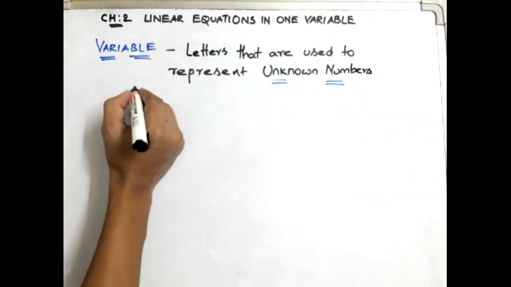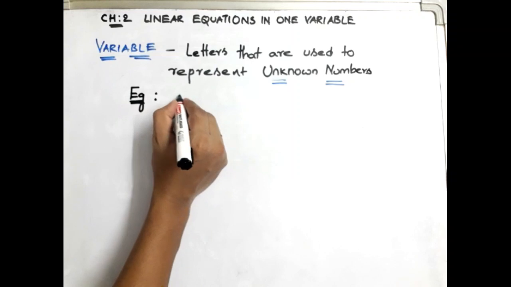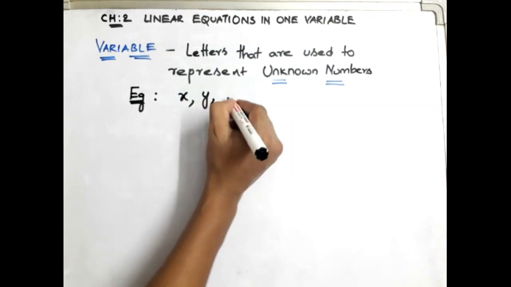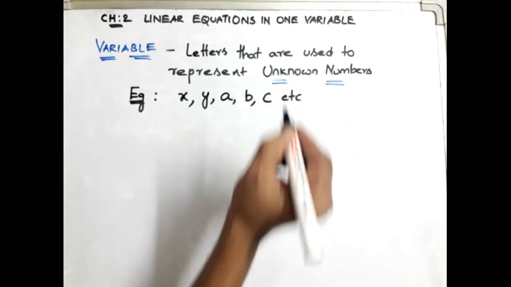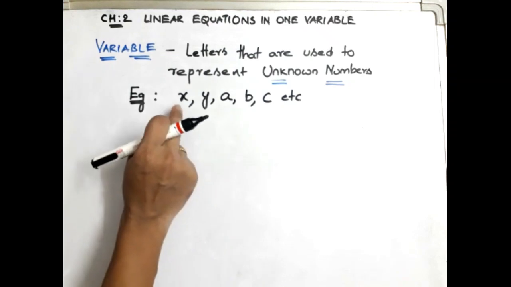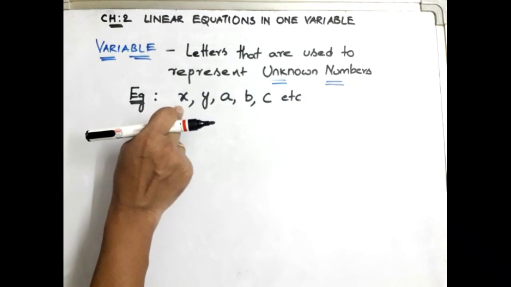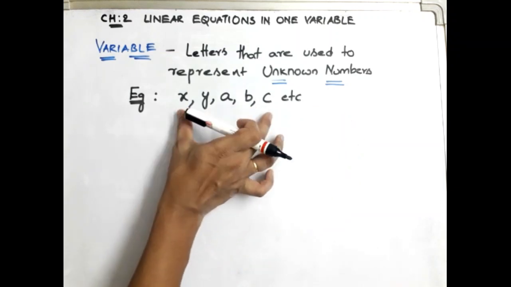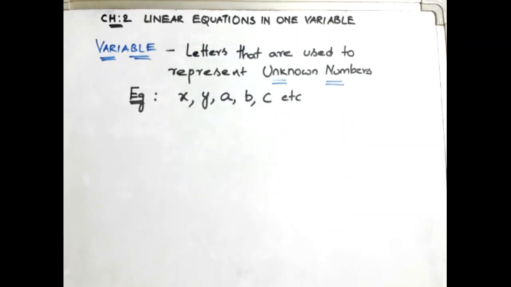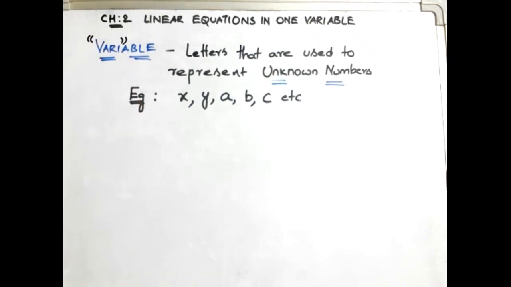In order to do that, we will make use of small letters like X, Y, A, B, C, etc. as variables. The letters like X, Y, A, B, C individually, you should not join them. Individual letters you have to take, X, Y, A, B, C up to Z you can take. So this will be called variables. If you observe the word variable clearly, you can see the word vary, which means something that can vary.